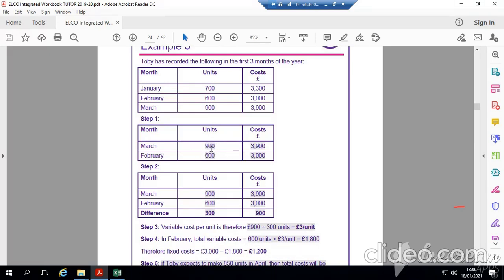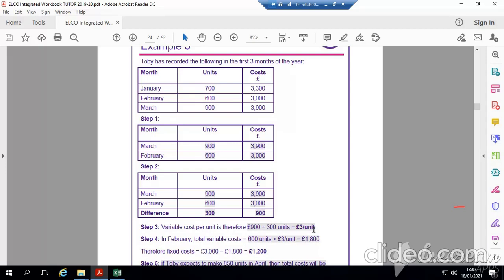In March we made 900 and in February 600, and the total cost difference is 900, relating to 300 units. So the variable cost is 3,900 minus 3,000 is 900, then the number of units 900 minus 600 is 300, so 900 divided by 300 is equal to £3.